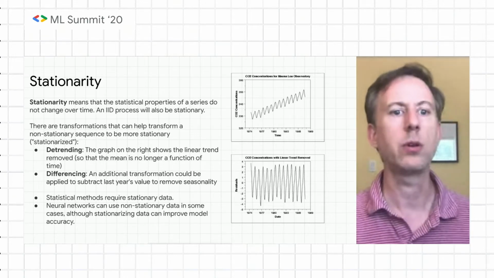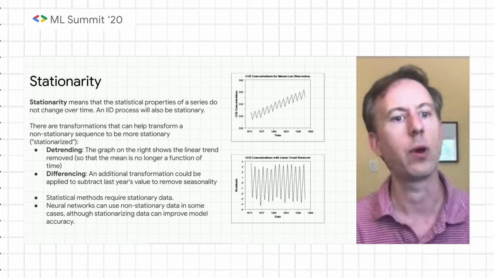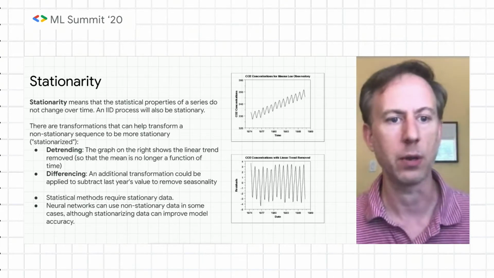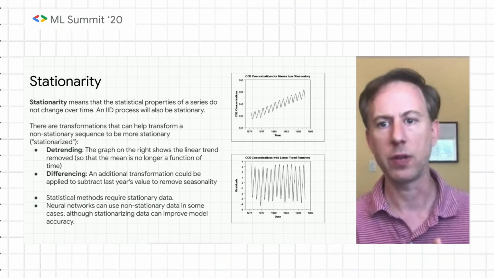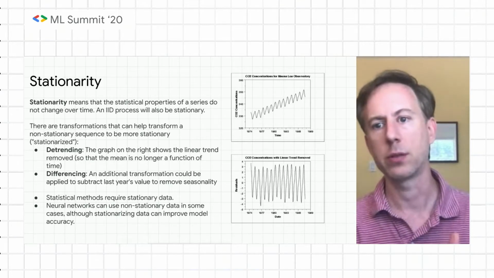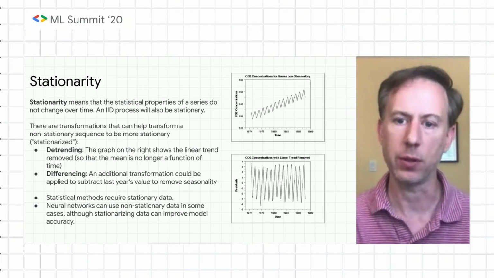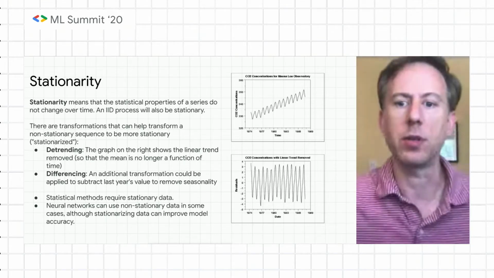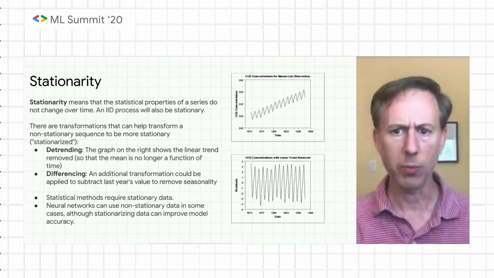There are things we can do to our raw data to process it so we can use it in a machine learning model, such as detrending or differencing. Detrending might be where you see that graph going up and to the right. If we subtract that trend out of it, you end up with a graph that looks like the one in the bottom right. Differencing is another approach where we can remove some seasonality.